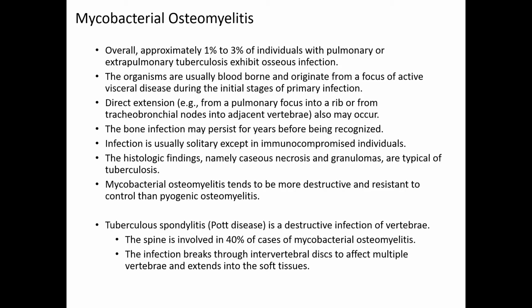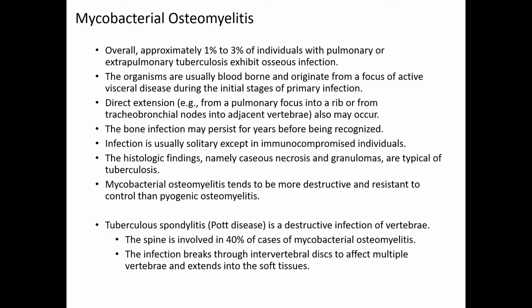Mycobacterial osteomyelitis. Overall, approximately 1 to 3% of individuals with pulmonary or extrapulmonary tuberculosis show osseous infection. إذن اللي هم عندهم pulmonary أو extrapulmonary tuberculosis راح يصير عندهم Mycobacterial osteomyelitis.